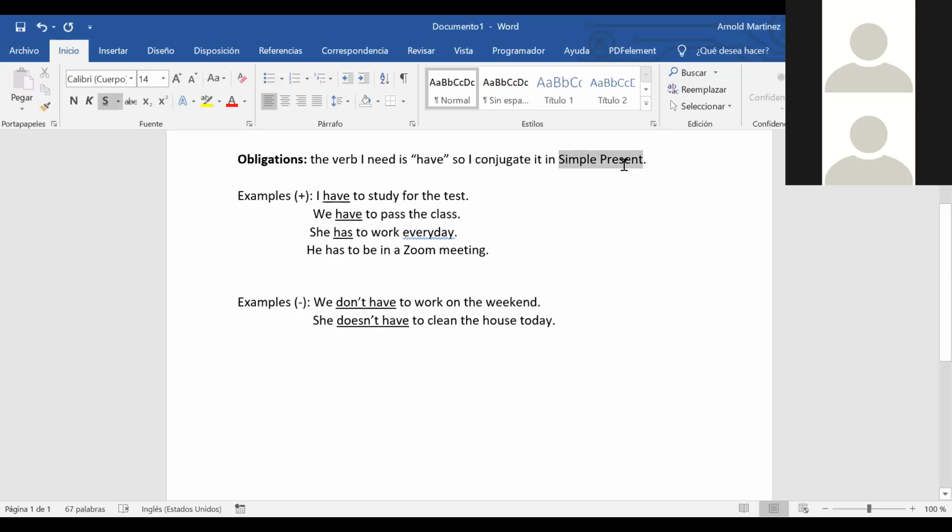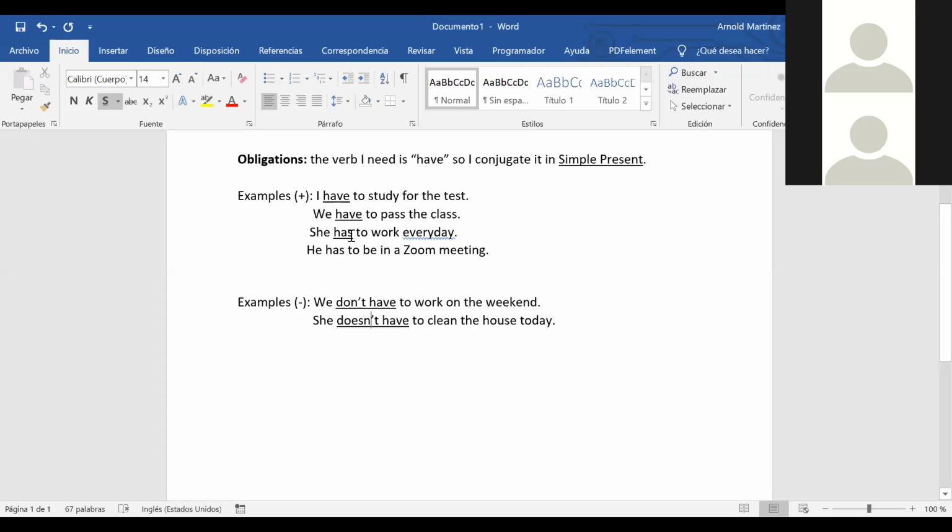In affirmative sentences, exactly. It's not the same as in present perfect. I know, present perfect is not that easy.